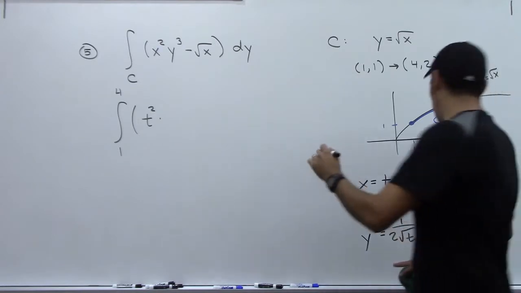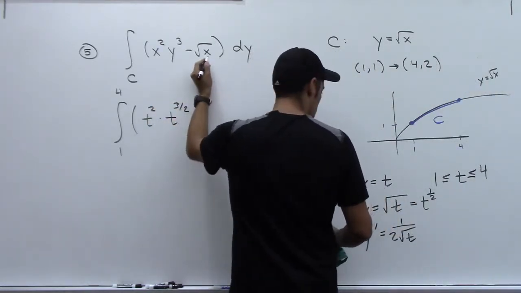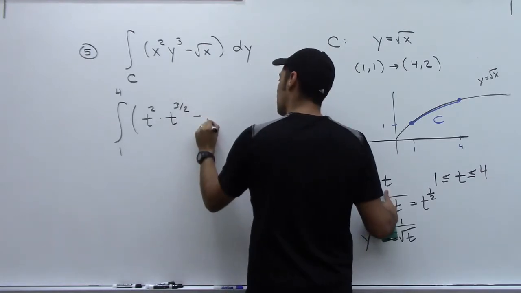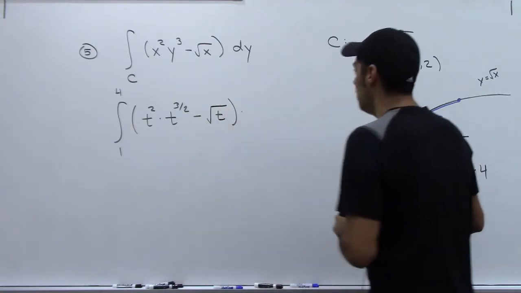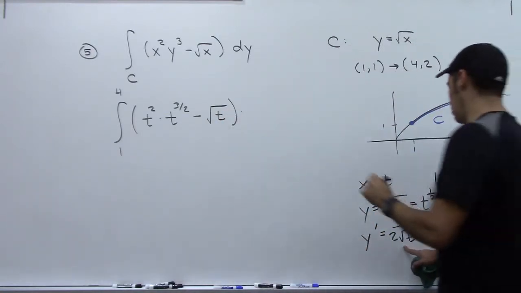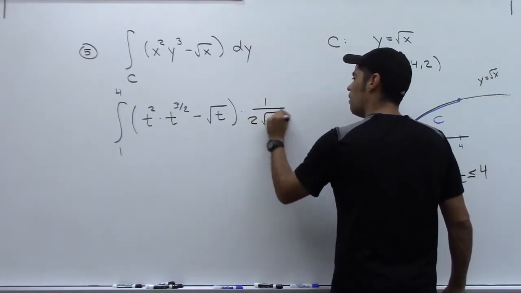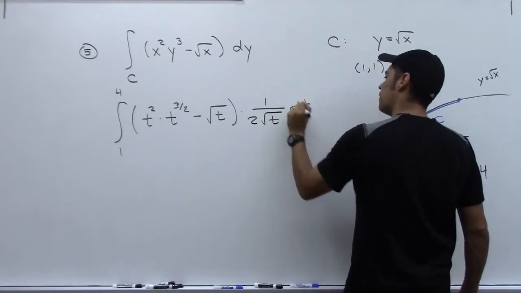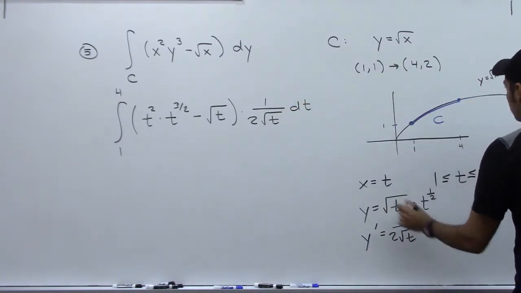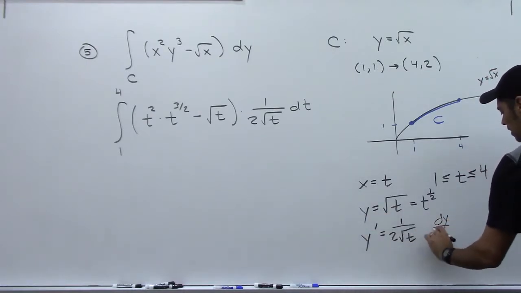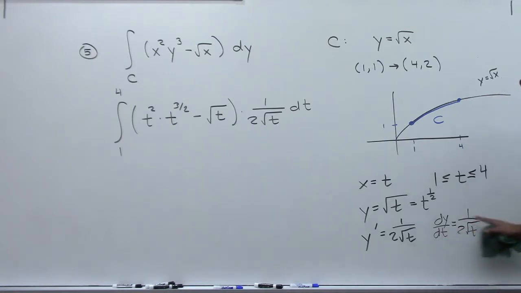So I'm going to cube it, so it becomes t to the 3/2, minus the square root of x, which is square root of t, and then dy, which we said right here is 1 over 2 root t dt. I should have written over here that dy/dt equals 1 over 2 root t, and you just bring the dt to the other side.